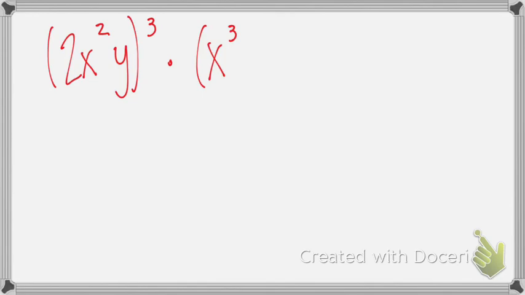And the last one that I'm going to do is D, and it's 2x squared y, all that cubed, times x to the 3rd, y to the 4th, z to the -1, and all that to the 1/3.